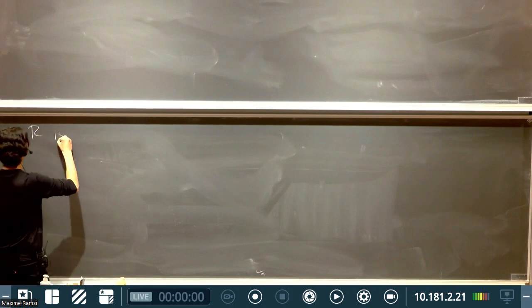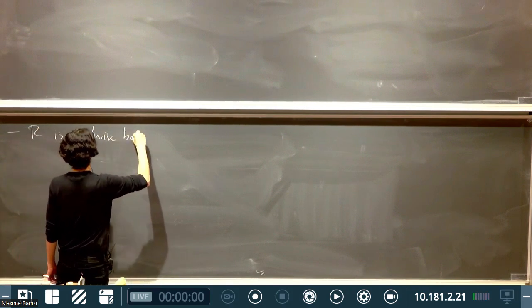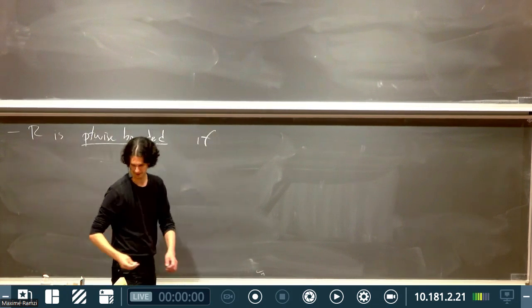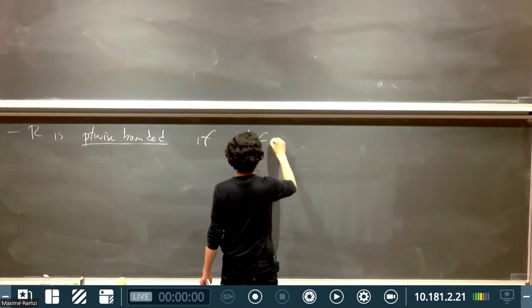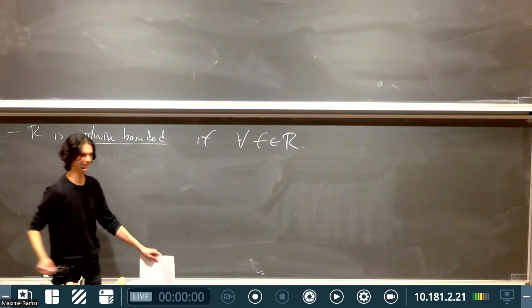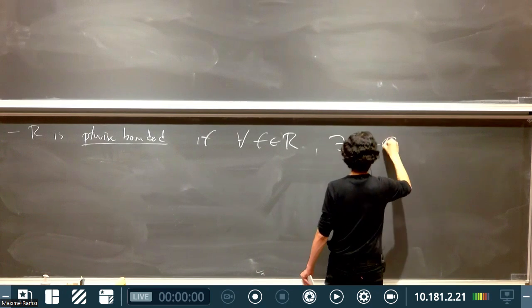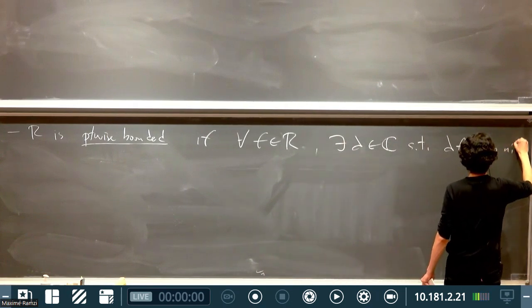And then I'll say that R is, let's say, pointwise bounded if for all F in R, by which I really mean the same thing as there, for all F in R, there exists a lambda in C such that lambda F is topologically nilpotent.